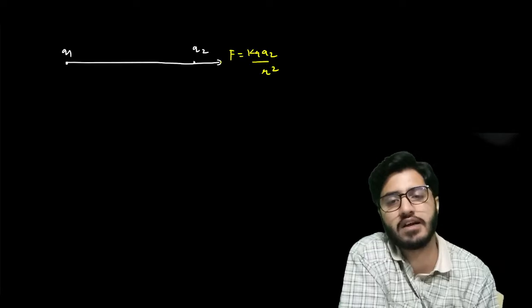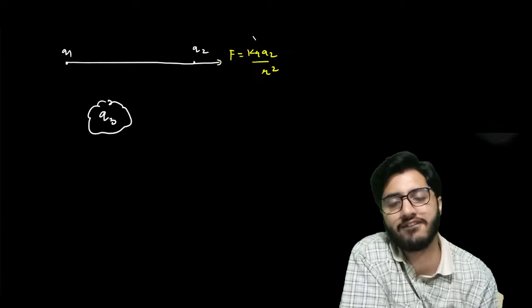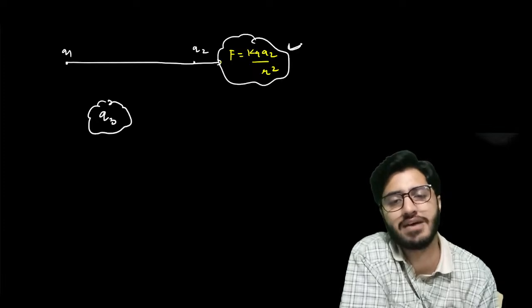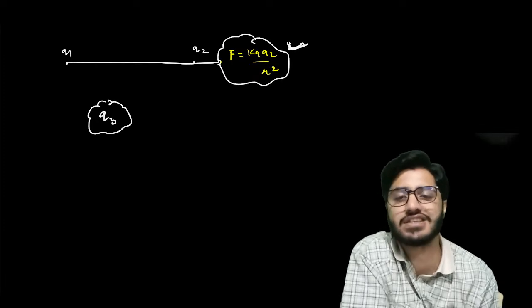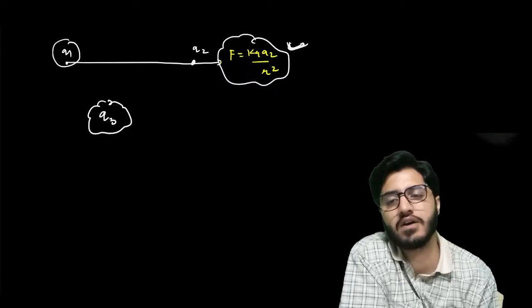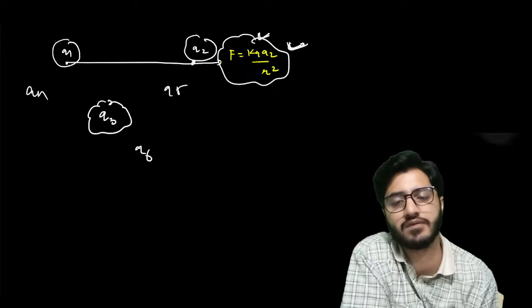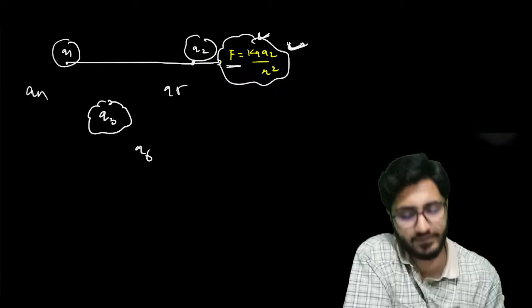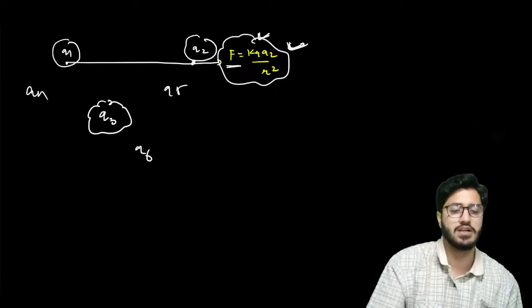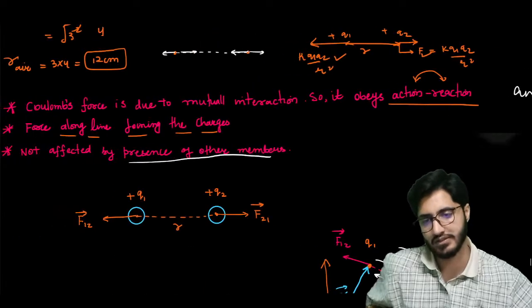If I place one more particle here, Q3, this Q3 won't affect this force. It will be the same as it is. The net force on this one will change now, but the force due to 1 on 2 will be the same throughout, even if multiple charges are present. It won't get affected by the presence of the third charge. That is the meaning of this.